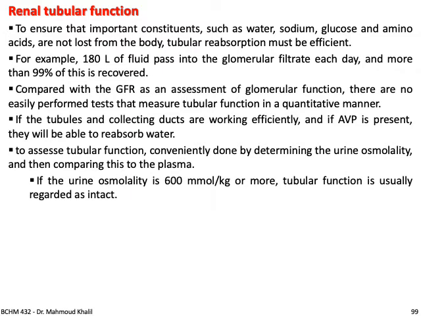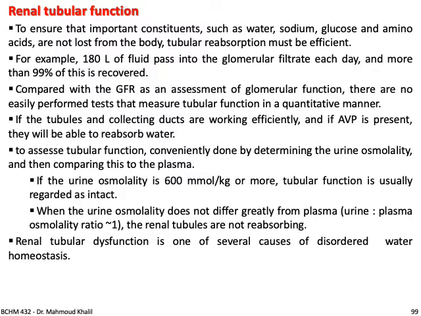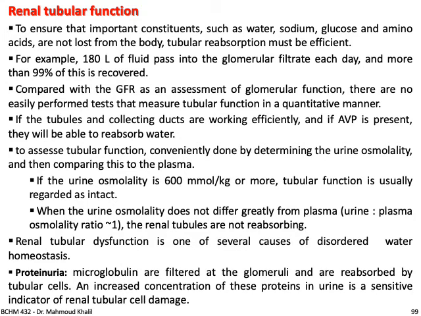If the urine osmolality is over 600, tubular function is usually regarded as intact, so they take the measurement of the urine osmolality as a reflection of the tubular function. When the urine osmolality doesn't differ greatly from plasma, with a ratio around 1, the renal tubules are not reabsorbing. Renal tubular dysfunction is one of several causes of disordered water homeostasis.